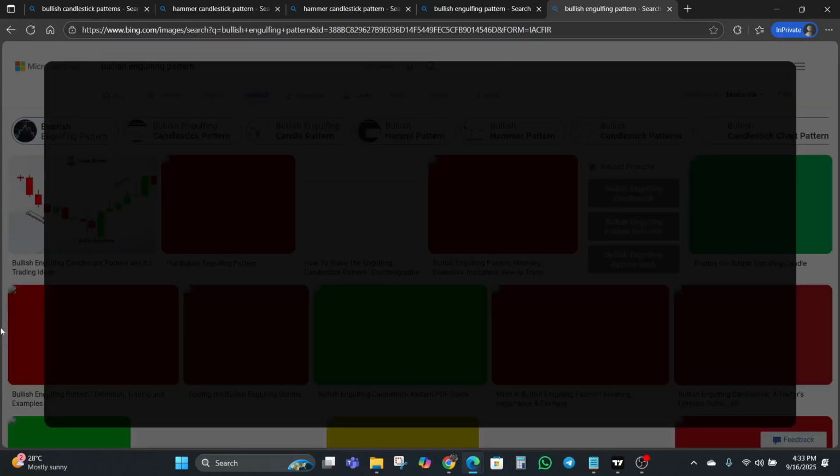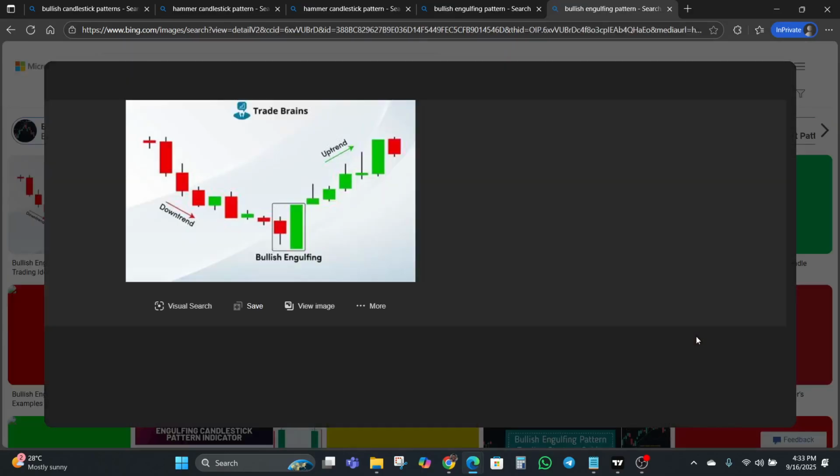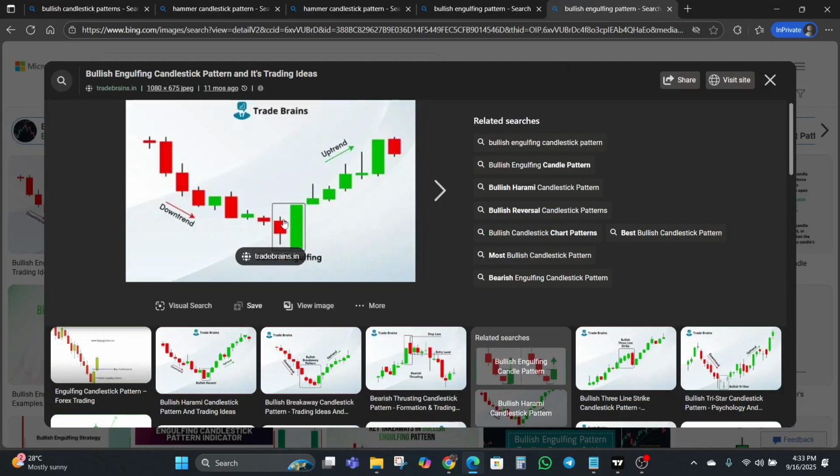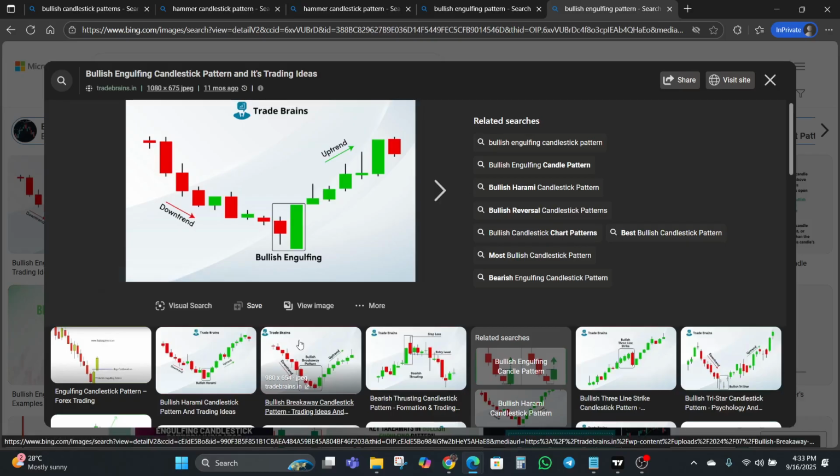The first candle is small and bearish, followed by a much larger candle that completely engulfs the previous one. So this shows that buyers have taken control of the market, overpowering sellers, and it often signals the start of a shift in momentum.